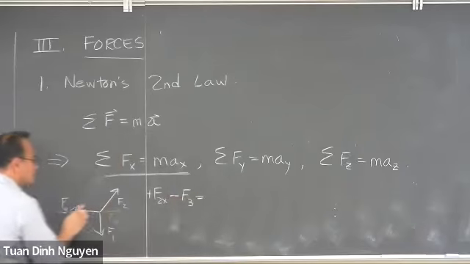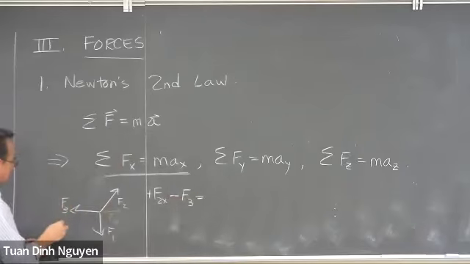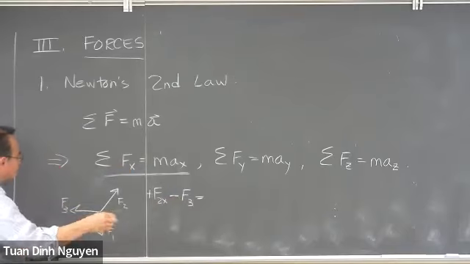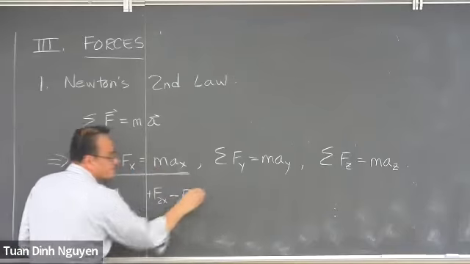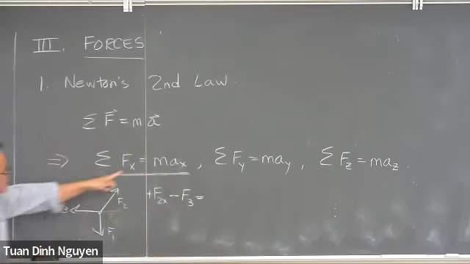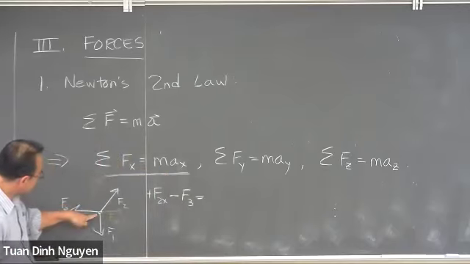The biggest mistake, and students continue making this mistake all the way to the final, is they see this M and they just write m. This M has to be the mass of this object.